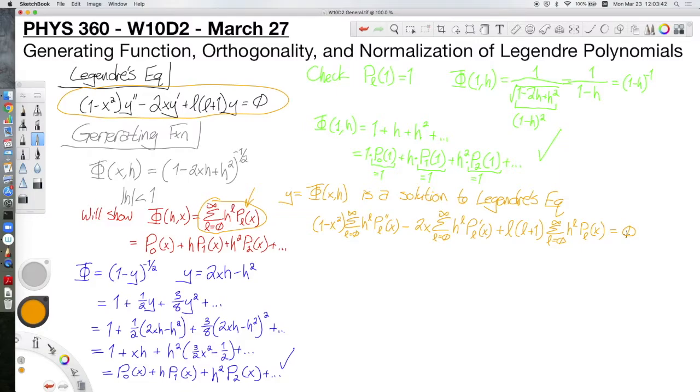So, in order for this equation to equal 0, that means this equation must equal 0 for each power of h to the l. So for each value of l.